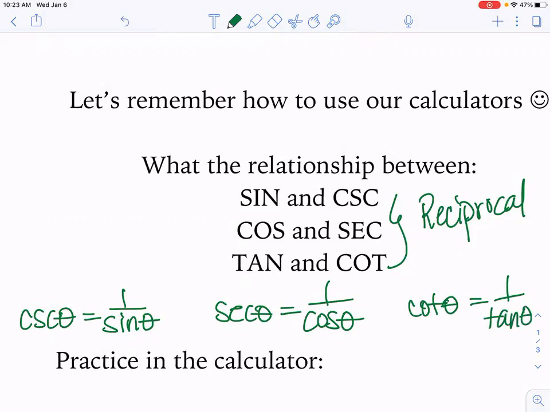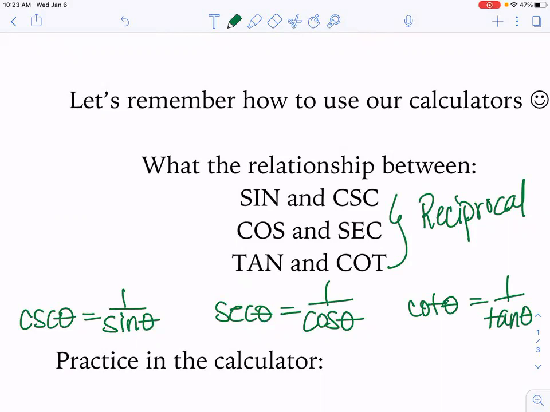That's something that you talked about last year in Algebra 2. In geometry, you learned about SOHCAHTOA. And in Algebra 2, they added cosecant, secant, and cotangent.